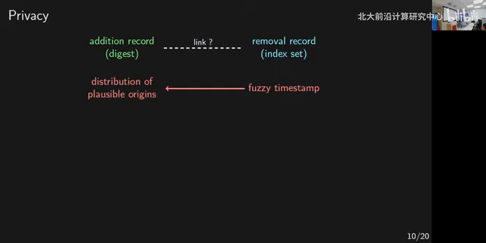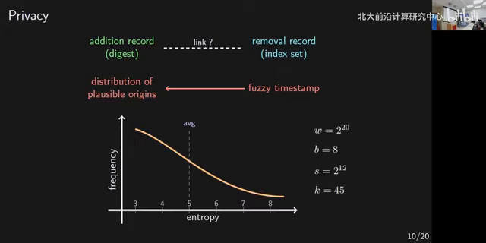And so in the ideal case, this distribution would be uniform across all addition records, but in our case, it's not. So in fact, we can take note of the entropy, which is the information entropy of the distribution of plausible origins.